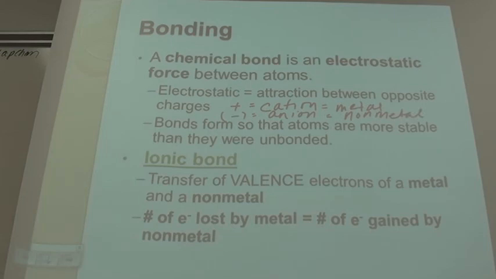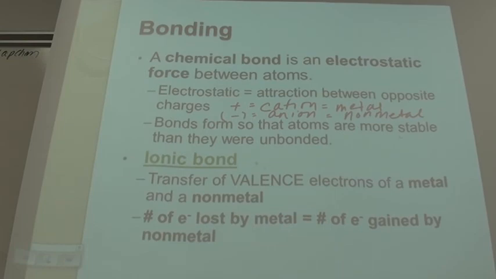And remember that the universe is very lazy, and the universe favors the formation of bonds so that the atoms are more stable. They are more stable when they are hooked together than they are when they're apart.